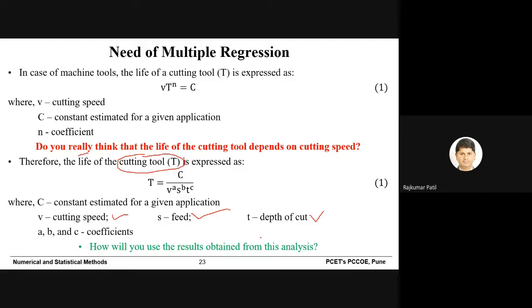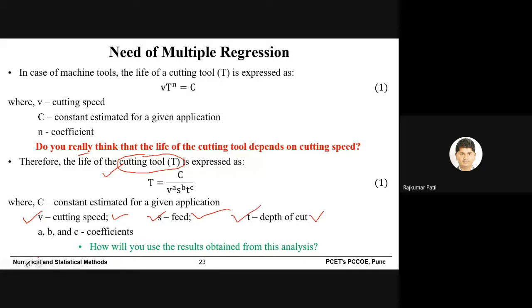On the other hand, if you know the machine is to be operated for a range of cutting speed, a range of feed and a range of depth of cut, then again you can select a group of cutting tools for which you can get optimum life.